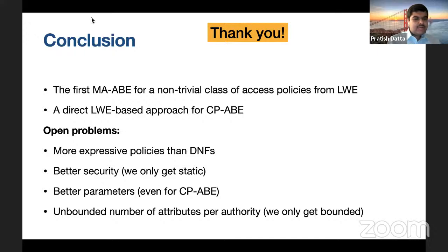So currently the scheme is not efficient, but this is the very first step towards a long-standing open problem: can we get an MAABE scheme, which should be the ideal version of ABE, under the LWE assumption, which is believed to be post-quantum secure?